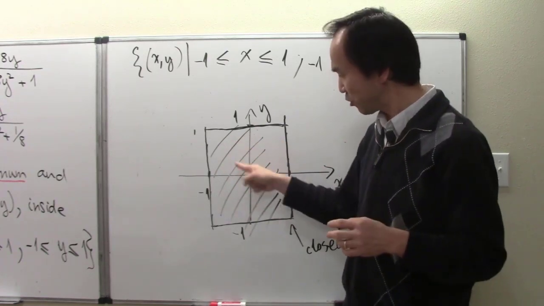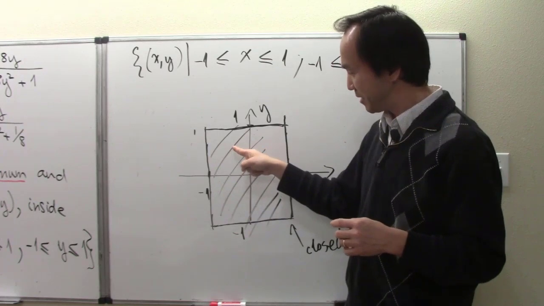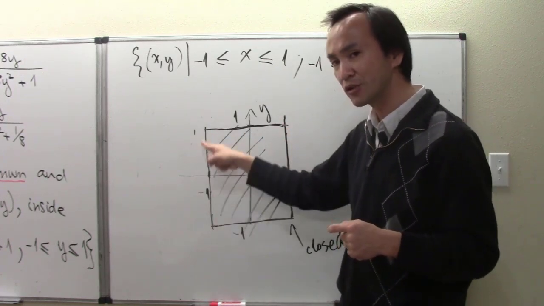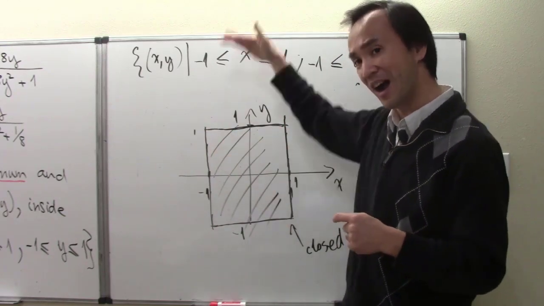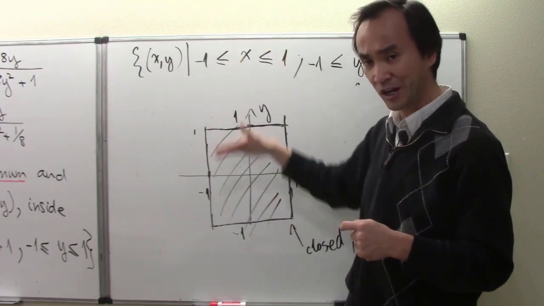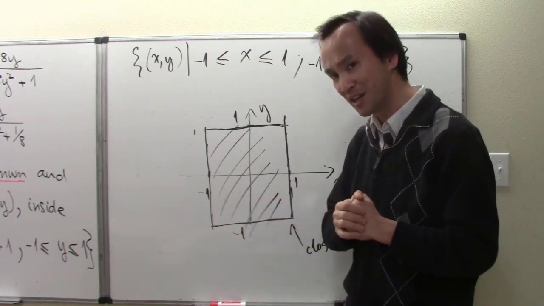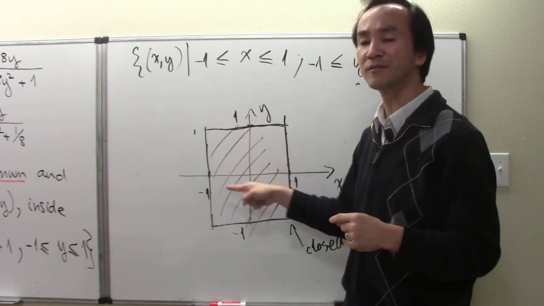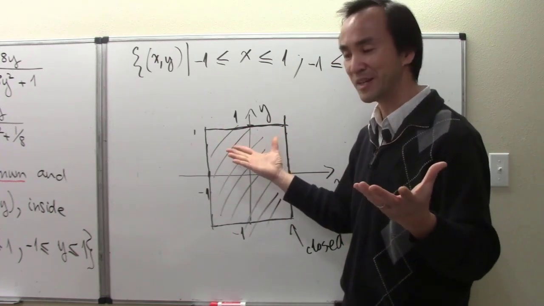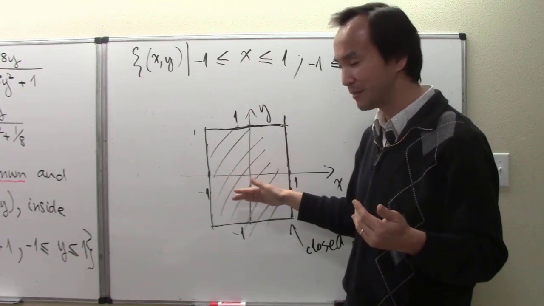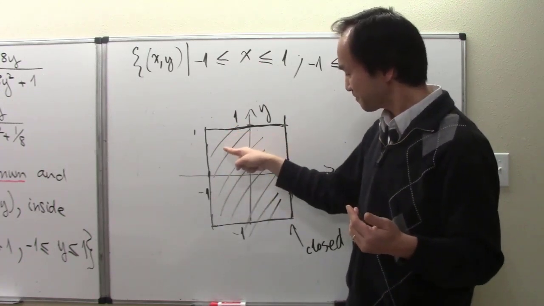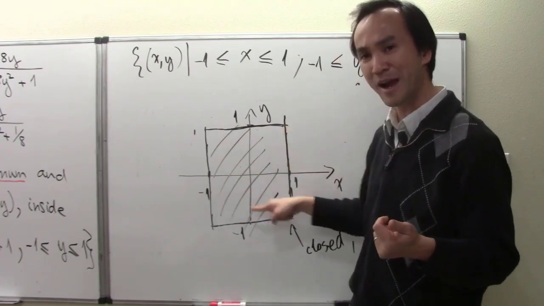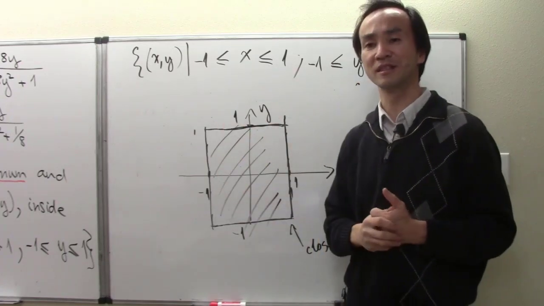Yes, critical points may occur inside, but aside from the critical points, there may be other values on the boundary that happen to fall higher than the value of the critical points or lower than the value of the critical points. So statement number 2 guarantees that in order to find all of the possible candidates for the absolute maximum and absolute minimum, you have to search through all critical points inside of the interior and also on the boundary. That's what statement number 2 of the theorem is stating.